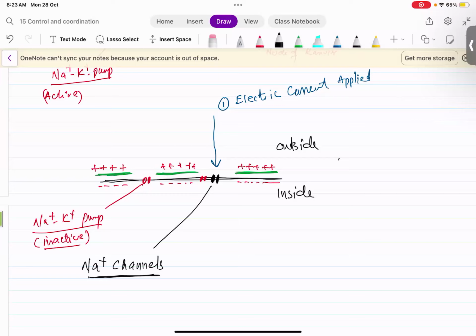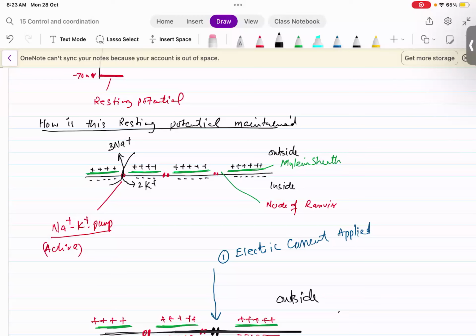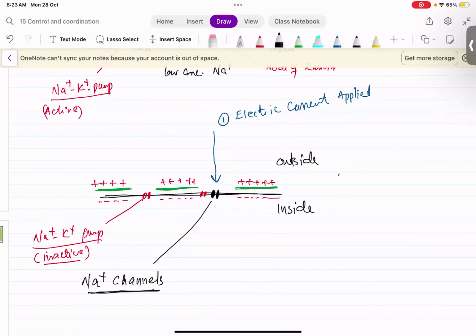As you already know, during the resting potential, more sodium ions were pumped out of the cells, so there was a high concentration of sodium ions outside and a low concentration of sodium ions inside. When these sodium channels open, sodium diffuses into the cells.